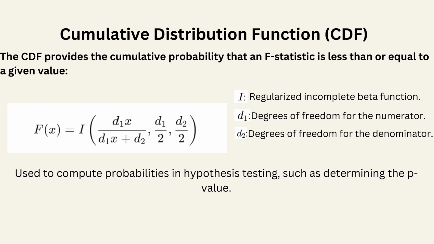Here is the formula for the CDF: I(d1·x / (d1·x + d2); d1/2, d2/2), where I is the regularized incomplete beta function and d1 is the degrees of freedom for the numerator. Accordingly, d2 means the degrees of freedom for the denominator. It is used to compute probability in hypothesis testing, such as determining the p-values.